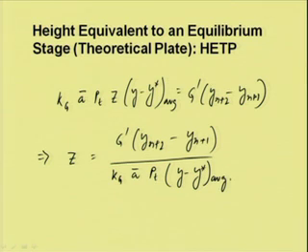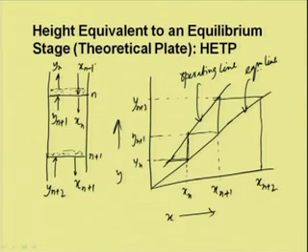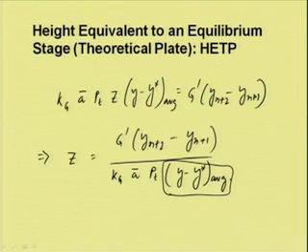average. It is reasonable to take this (y minus y star) average as a log mean overall gas phase driving force between the point P and Q. So, this is the operating line. Between this point P and Q, it is reasonable to take the log mean overall driving force for (y minus y star) average.